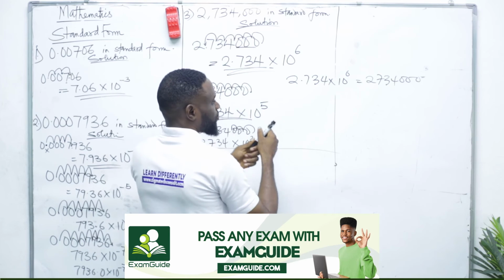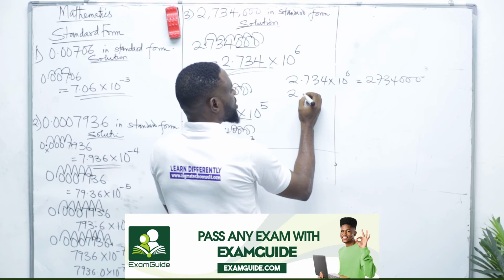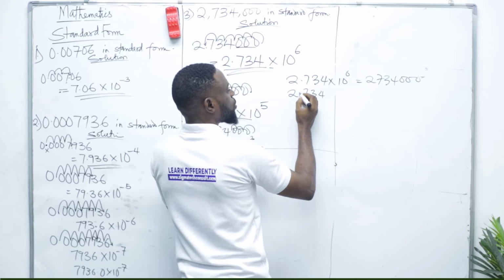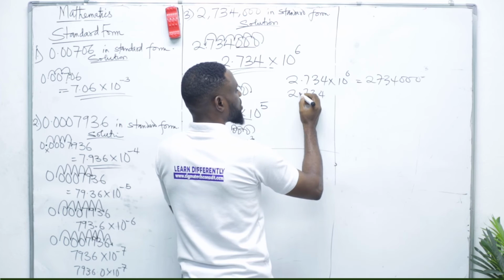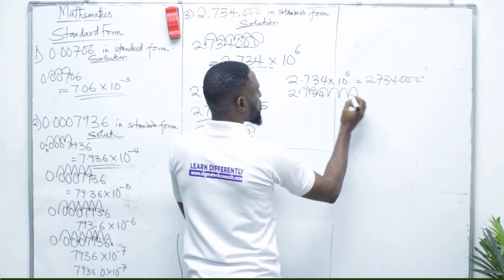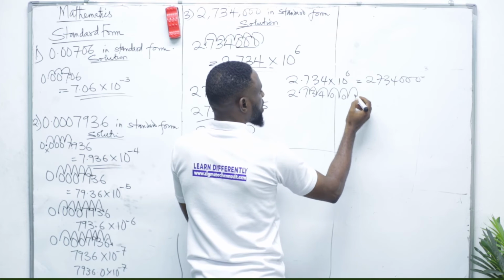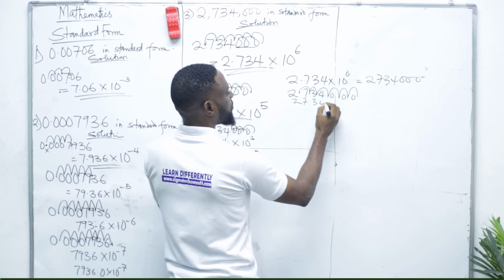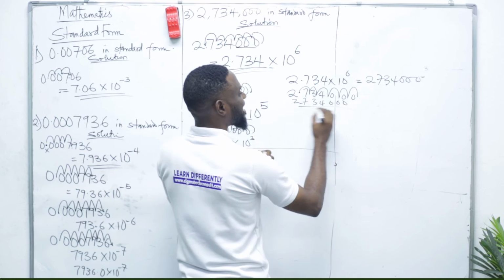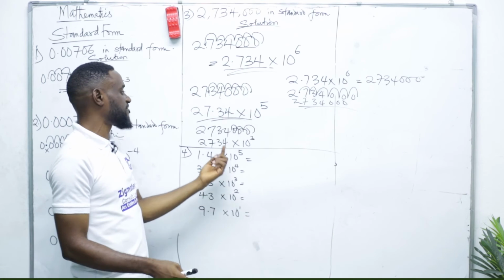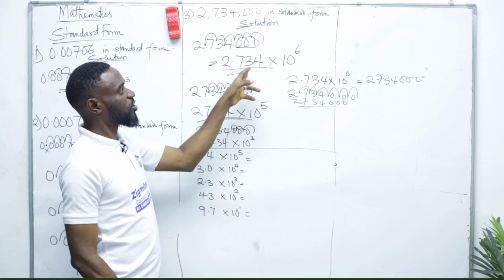How I got that was to simply do, if you have this 2734, move it 6 places: 1, 2, 3, 4, 5, 6. So 0 here, 0 here, 0 here, to give us this 2,734,000. Can you see?